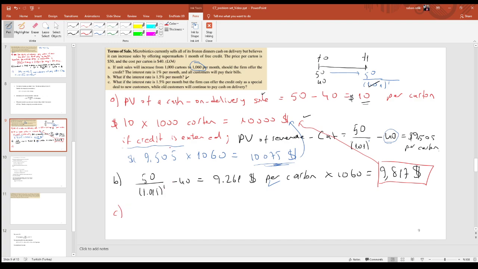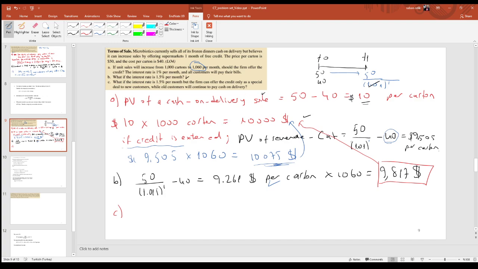C. Now the present value of all customers remains the same. The present value of the old customers remains unaffected. The present value of the new customer is positive. The additional sales gained by extending credit is 60 cartons.